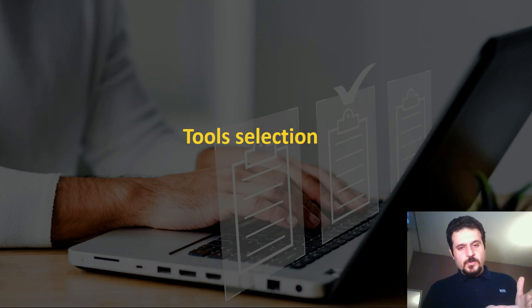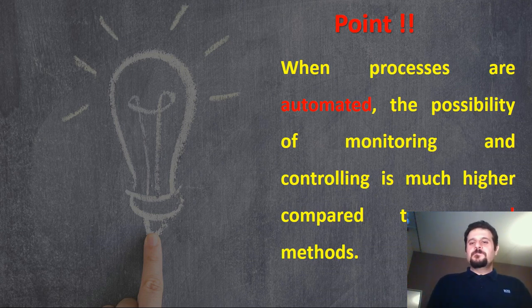Write the name of the vendor and attributes. Here are some technical and non-technical criteria, and by scoring, select your suitable choice. Tool selection is very important. Be very curious and sensitive about that. When the processes are automated, the possibility of monitoring and controlling is much higher compared to manual methods.